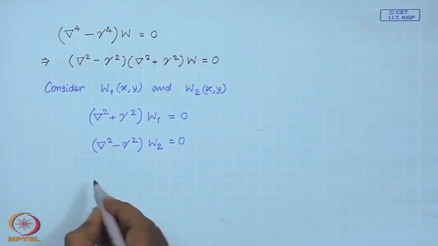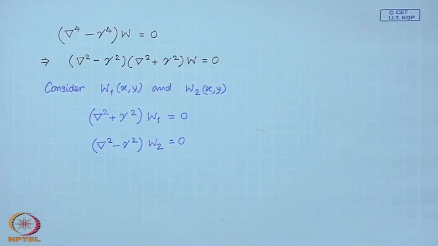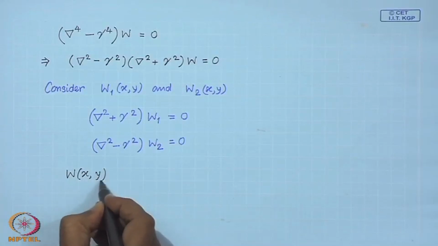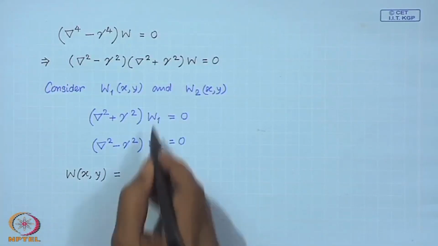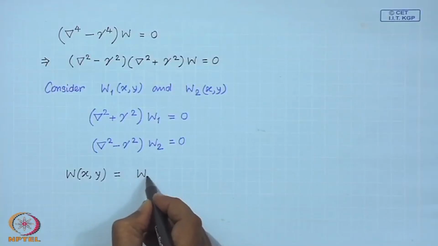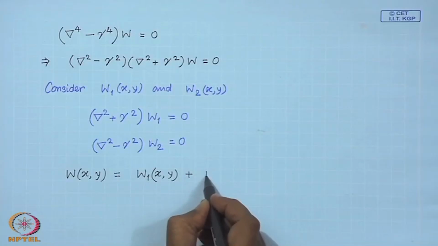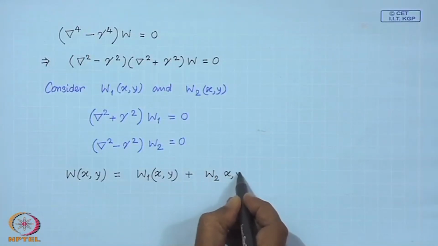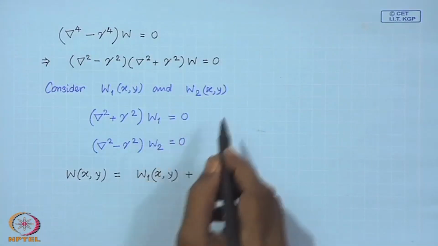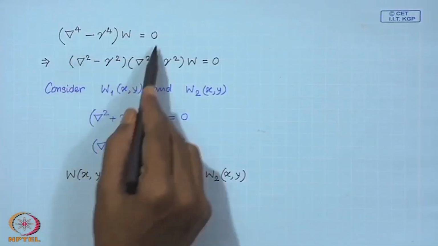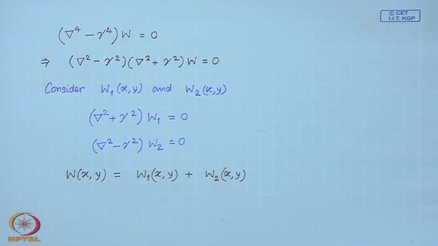Then I can say that the solution W can be written as a combination of W1 and W2. So, this can be very easily checked, that if you construct a solution like this, then this is going to satisfy our original differential equation of the eigenvalue problem.